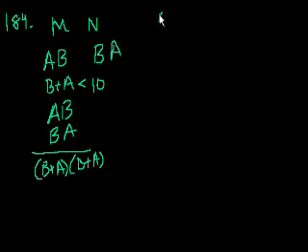So we're left with choices A, B, and C because none of these fit this paradigm, where we have the same digit twice. So all of those assume that B plus A is greater than 10. So if B plus A is greater than 10, then what happens?